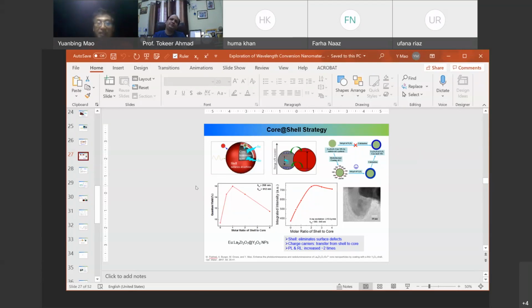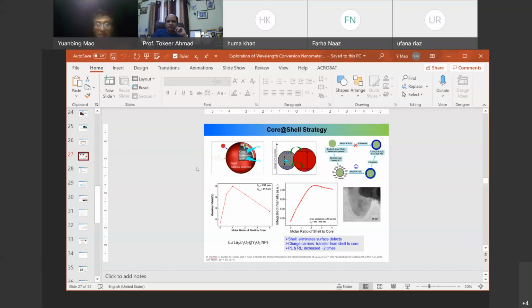I think technically it could tune the luminescence as well, because of the constraint and stress these nanoparticles have, and it depends on the particle sizes as well. That's definitely something that needs further study, but before we can do that, we have to have very good control of this type of nanoparticles in terms of both the core size and the shell size.